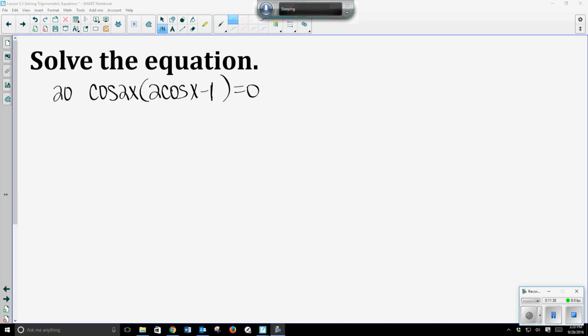Okay, for number 20, this is something that has already been factored for us. So in a minute, we'll have a problem where we have to factor. But for this one, it's already factored. So you set each factor equal to 0.